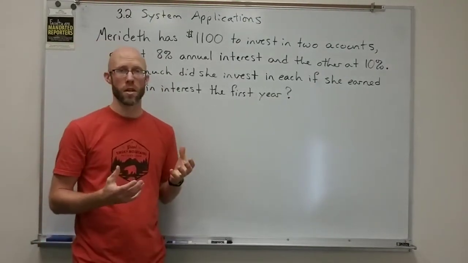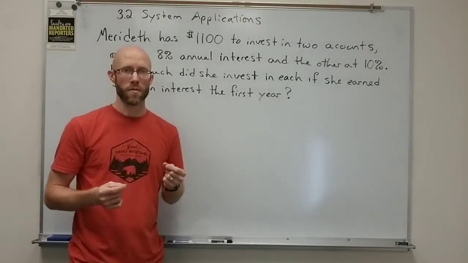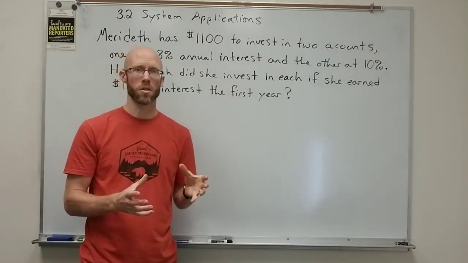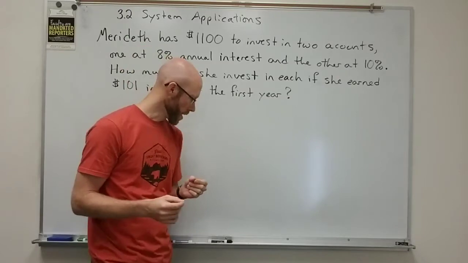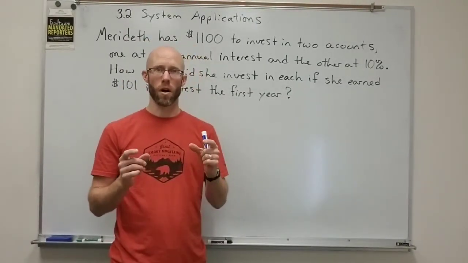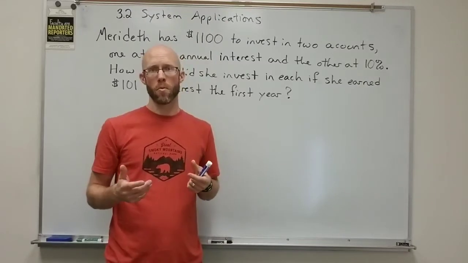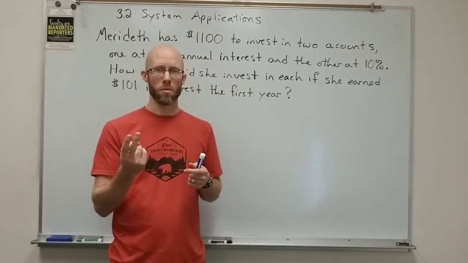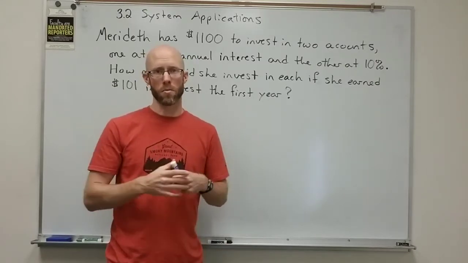I guess the first thing is, with any of these problems, I'm just going to give you a step-by-step of how I want you to work them out. And the first thing that you're going to really need to do is focus on setting up your variables. Remember, with a system of equations, you're going to have two equations with two variables, an x and a y, or whatever you want the variables to be.